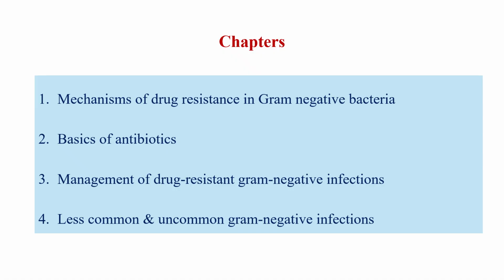We will also discuss less common and uncommon gram-negative infections like the SPICE group of organisms, Serratia, Proteus, Providencia, Morganella, Citrobacter and Enterobacter, Stenotrophomonas, Burkholderia cepacia complex, and Ralstonia, and a few others.